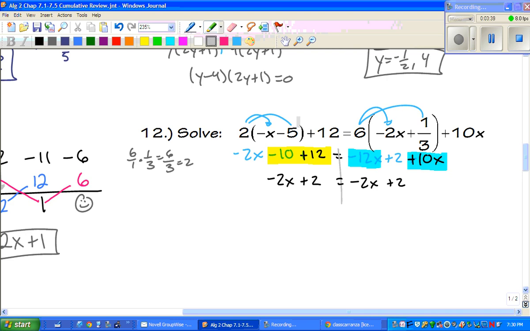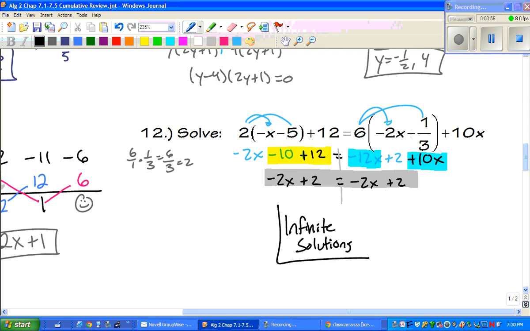And now, what do you notice about both sides? They're the exact same. And when that happens, your answer would be infinite solutions. Sweet.